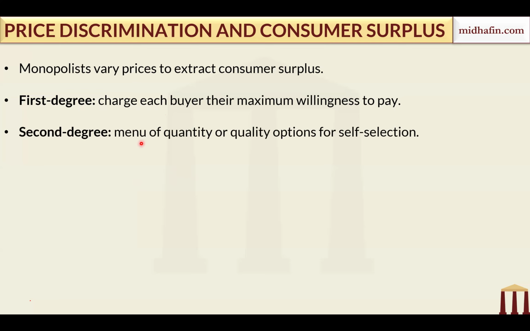Examples include volume discounts, electricity tariffs, coupons, and different product versions. In cars there are separate price bands for separate versions, though there is a lot of differentiation there, so that example does not fit perfectly.